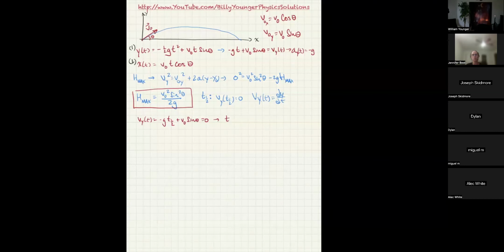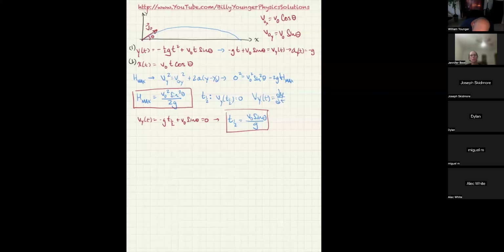So that gives me t 1/2 is equal to, actually, let me start writing in blue again. I don't know why I even switched to red. So t 1/2 is going to be equal to v0 sine theta over g. So that's another general formula.